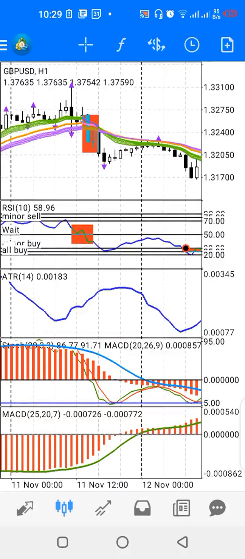So basically, when you have expansion from the very low state, it starts to expand upward. If the two indicator windows expand outward, that means you should go for a buy trade. You should place a buy trade. This is expanding outward, and the MACD is expanding outward. So you look for buy.